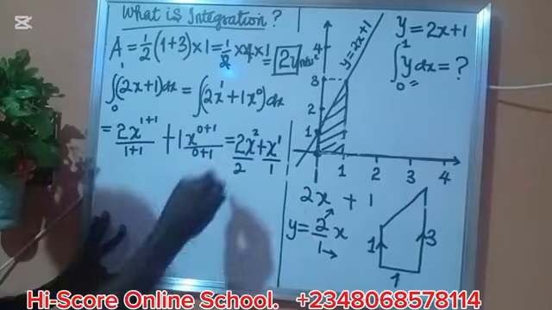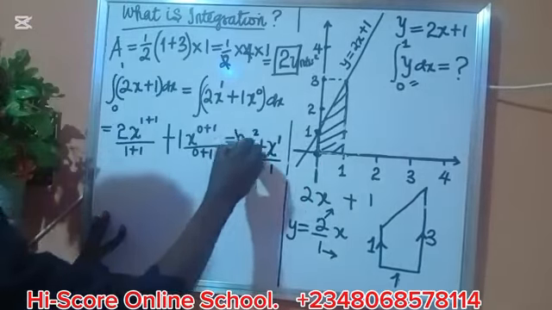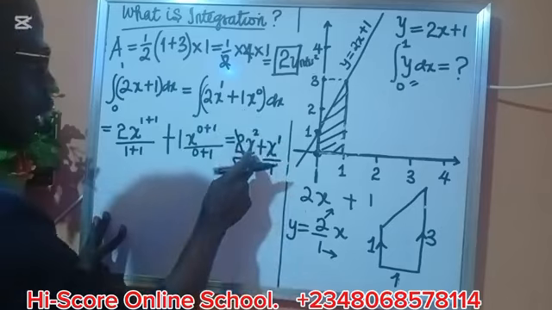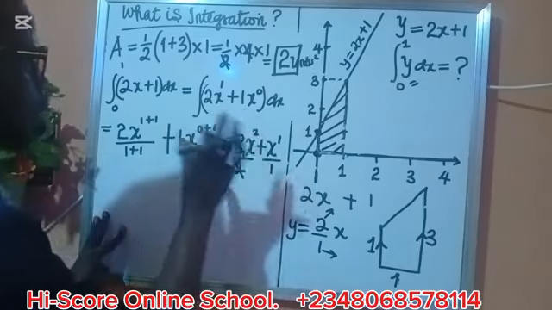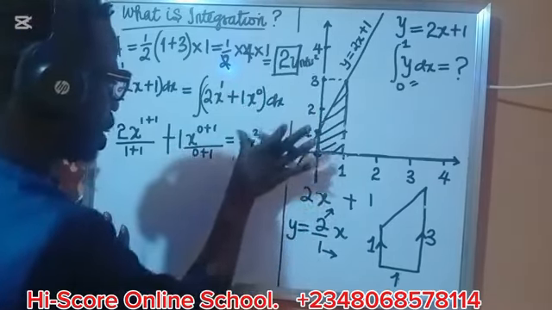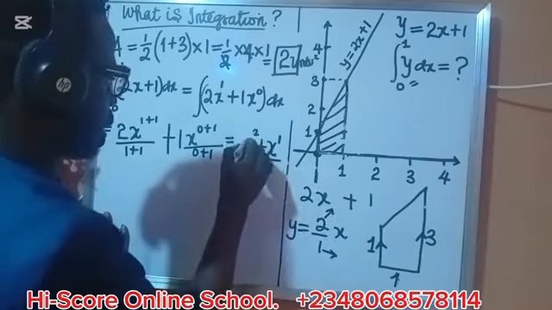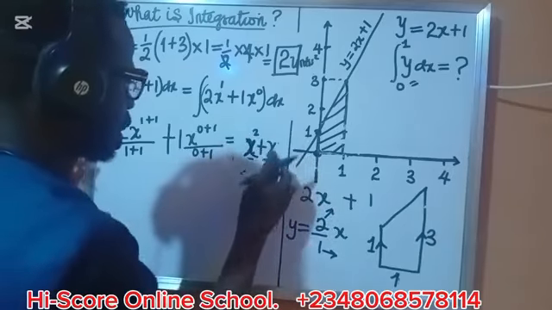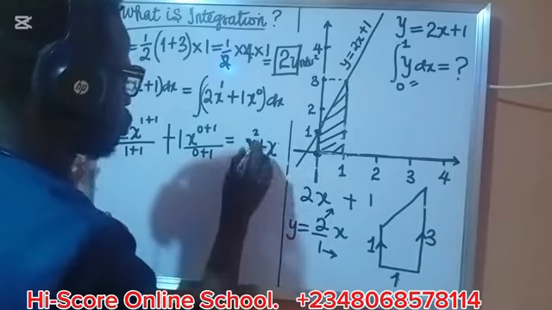So if 2 cancels this, we're left with just x squared plus x.